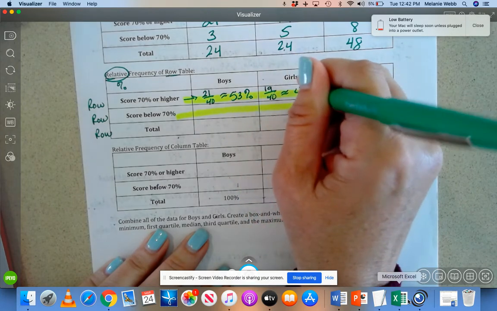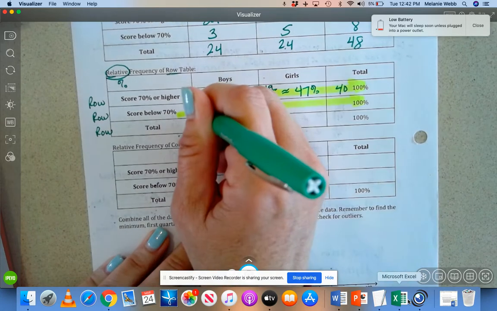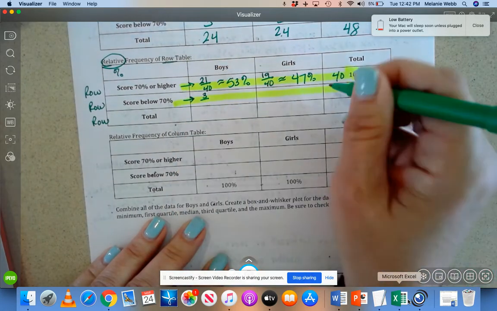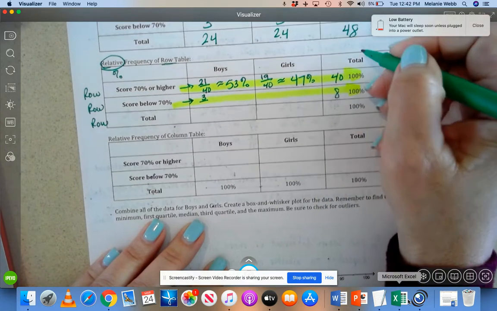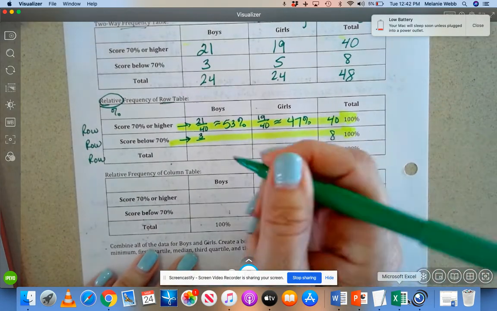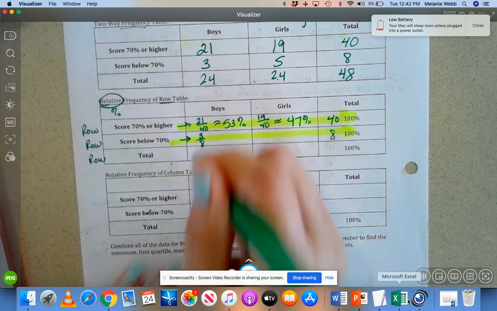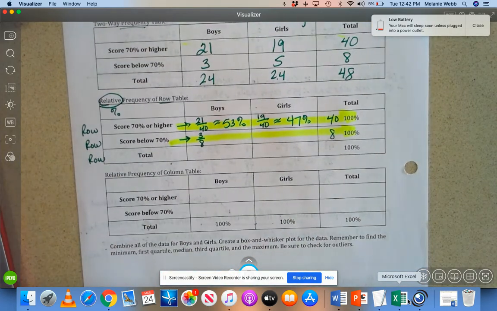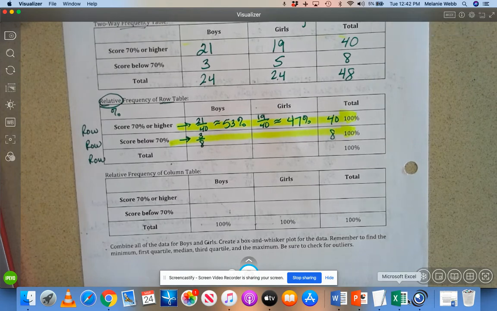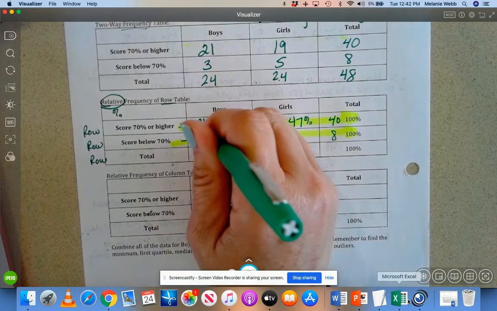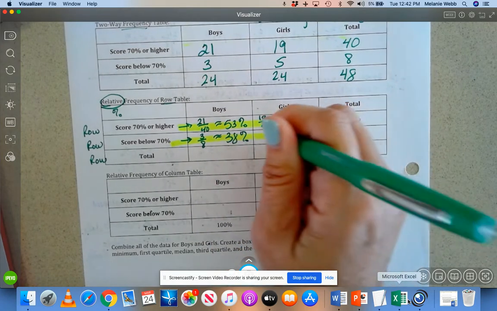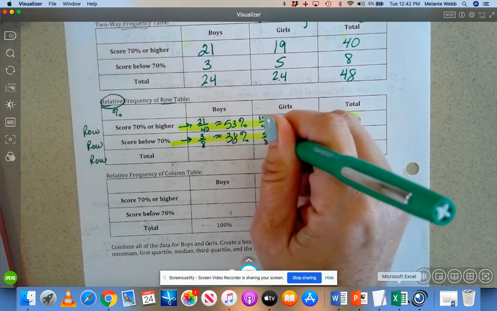Here I have below 70%. 3 out of 8, remember there was 8 here from up here. So 3 out of 8, I need to plug in my computer so it doesn't die. Okay, 3 out of 8, about 38%. And then 5 out of 8, which is about 63%.